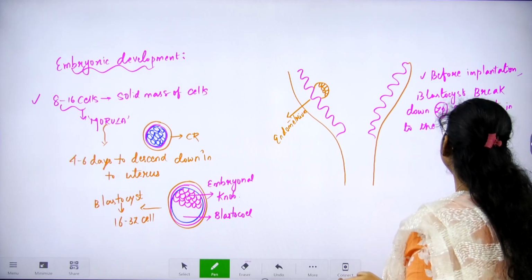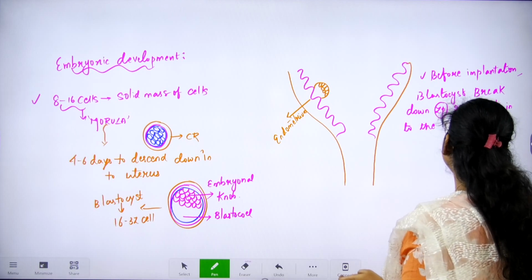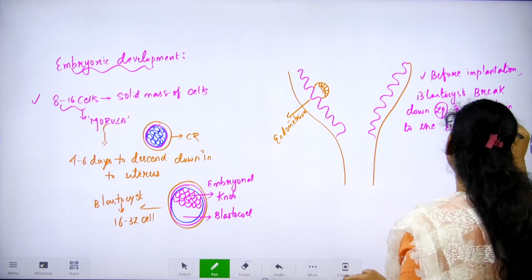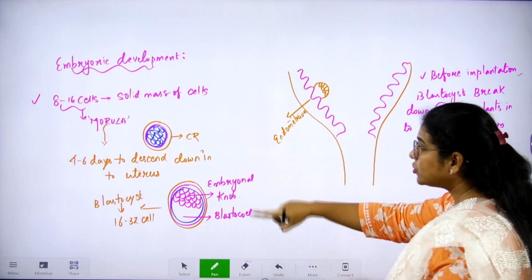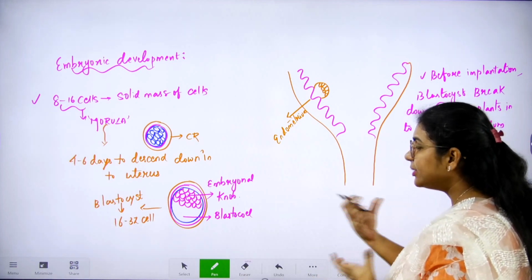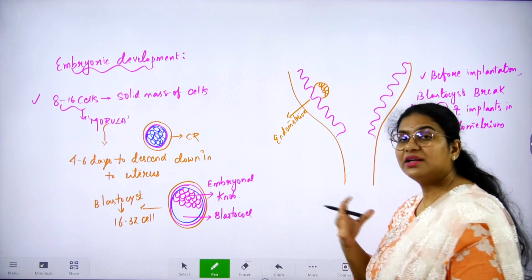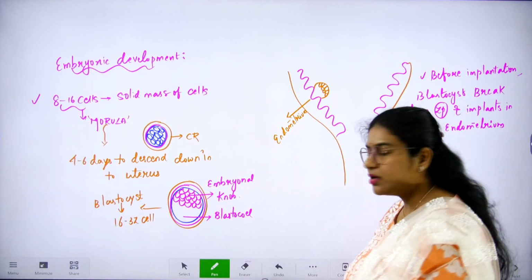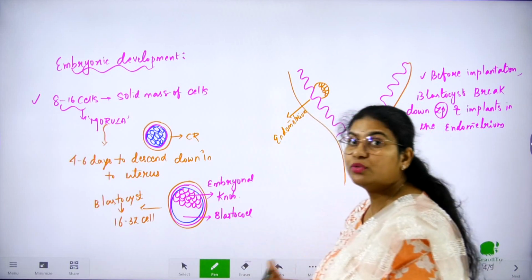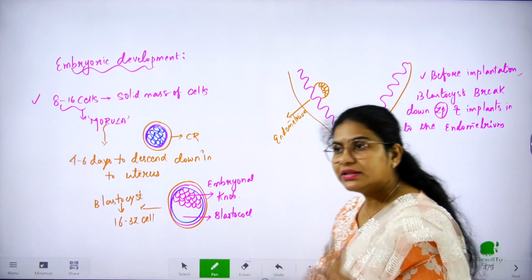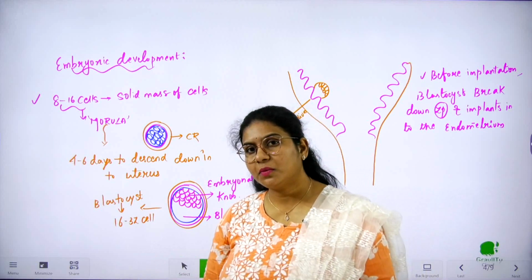Are we clear with this point? So before implantation, the zona pellucida has to get lost. Guys, whenever the blastocyst is breaking the zona pellucida and liberating itself, there is a chance the blastocyst itself can get broken down into two pieces. So at that time, how many embryos are there now?